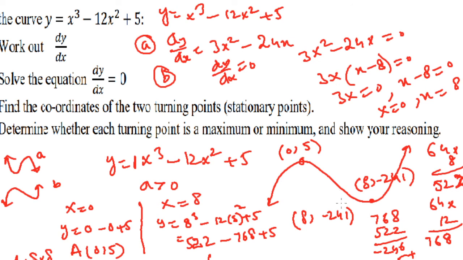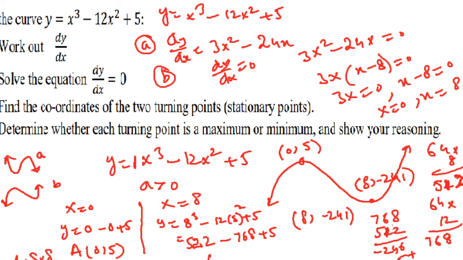Let me check it again. 8 8s are 64. 64 into 8 is 512, not 515.